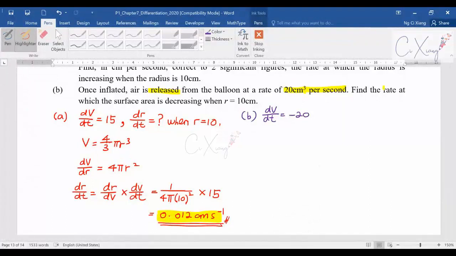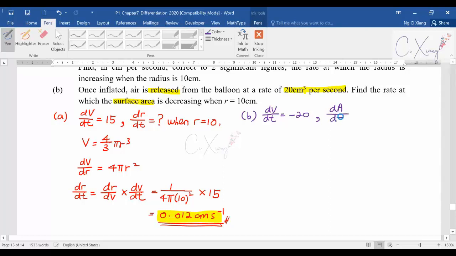What they want you to find is the rate at which the surface area is decreasing when R equals 10. So they want you to find dA over dt when R equals 10.